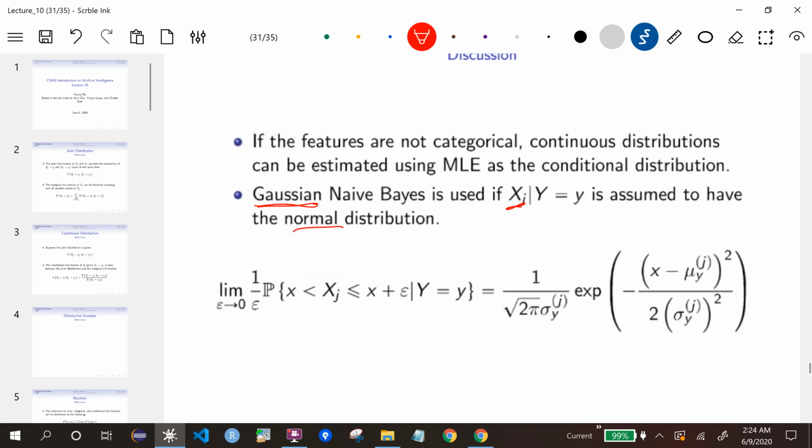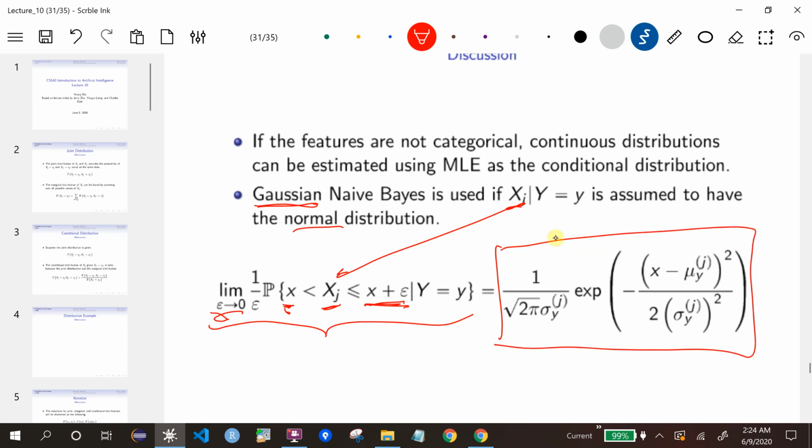The assumption is that the probability that our continuous variable x falls in a small interval from x to x plus some very small number epsilon, very close to 0, has this expression.